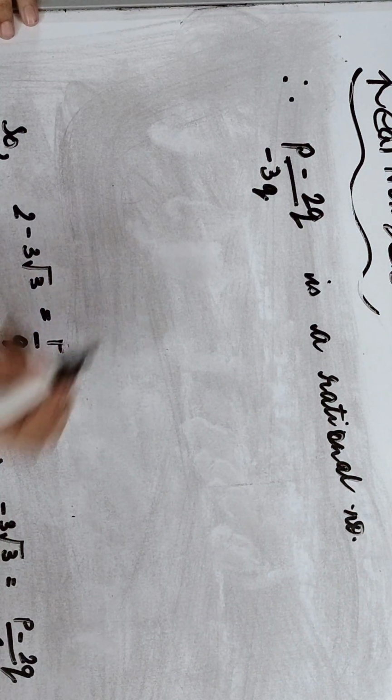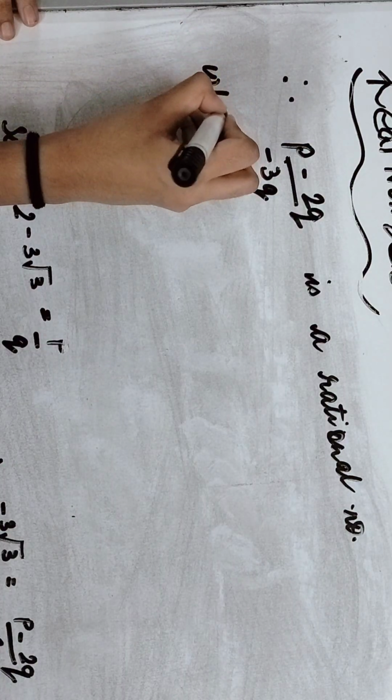Whereas we know root 3 is an irrational number.